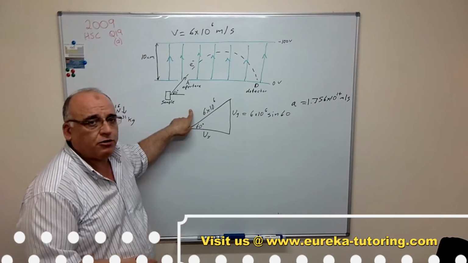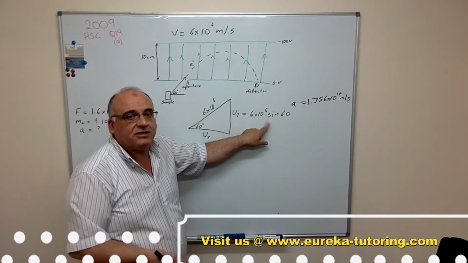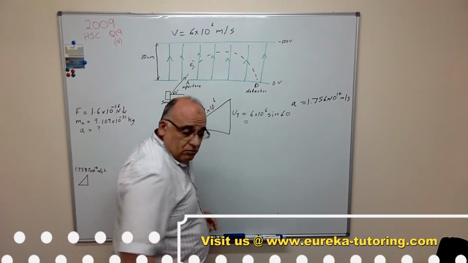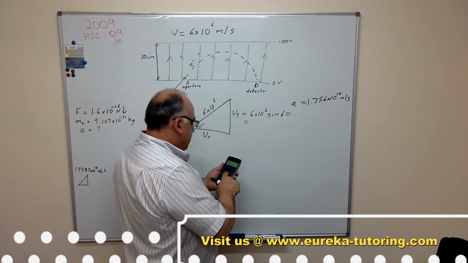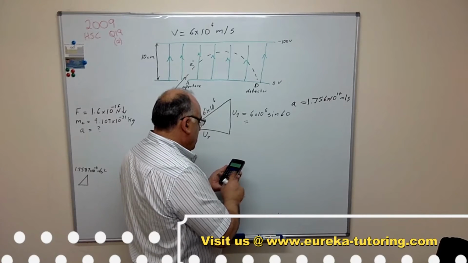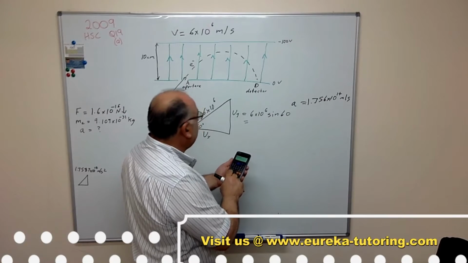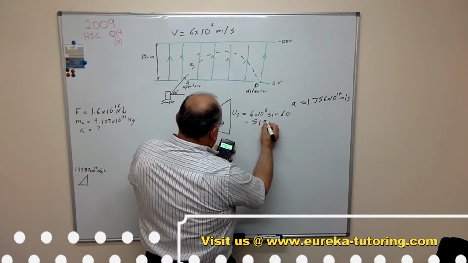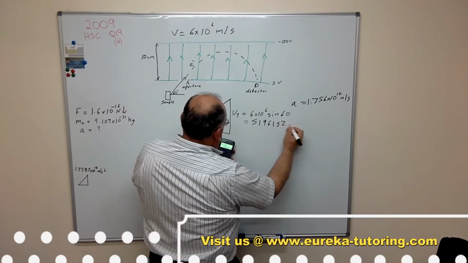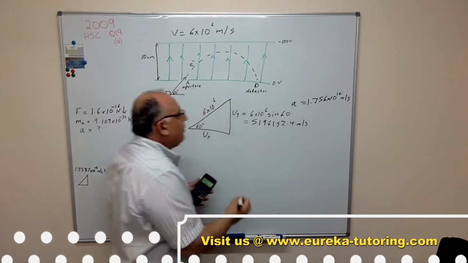So uy equals 6 times 10 to the 6 sine 60, which is 0.866 times 6 times 10 to the 6, and we get 5196152.4 meters per second in the vertical direction.